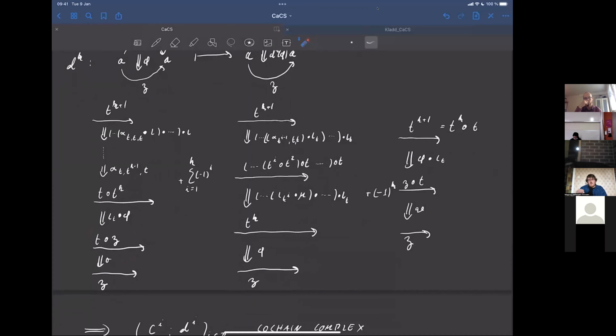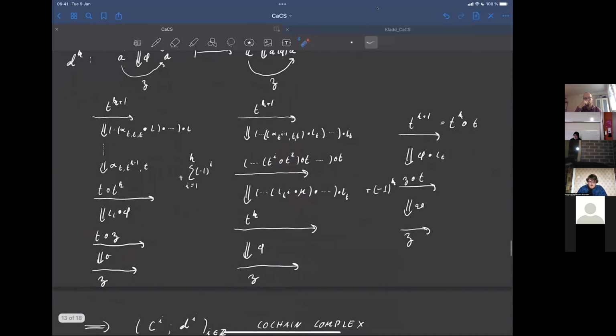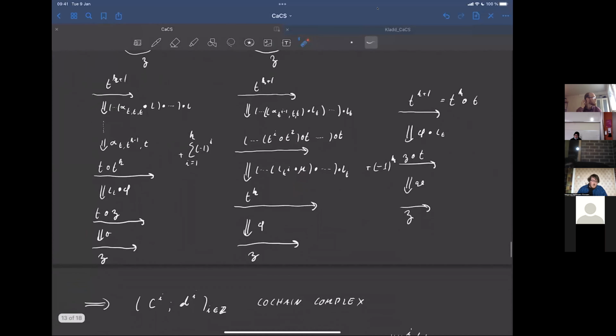You don't care whether it is in the depth; we want to isolate a double tuple that you can apply the multiplication map to. The alternating sum of this is the differential.